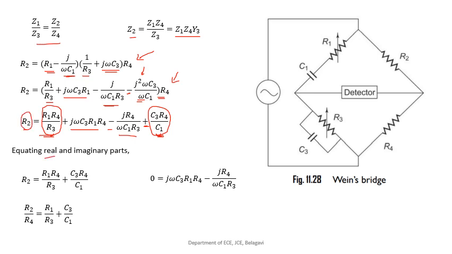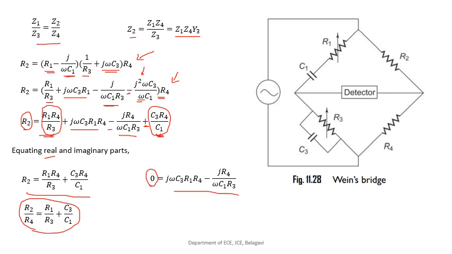So you equate the real parts and you will get this. Imaginary parts on the left hand side are 0, so that is equated to this. If you simplify you will get R2 by R4 is equal to R1 by R3, which is your normal relationship. Now because of the capacitances you will get plus C3 by C1.